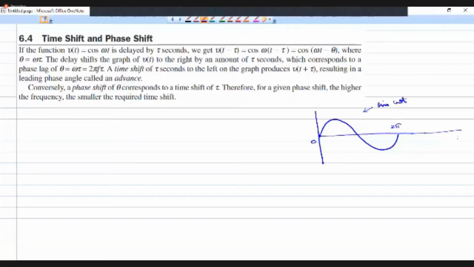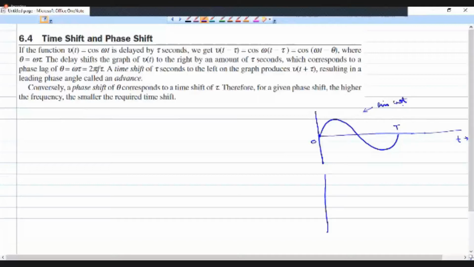So I am demonstrating what is meant by time shift. So I represent this by time axis. Let me mark this also in terms of time t, that is time period. So this is sine omega t, right? So what I do is I will shift this by t plus the total time period, which is capital T.